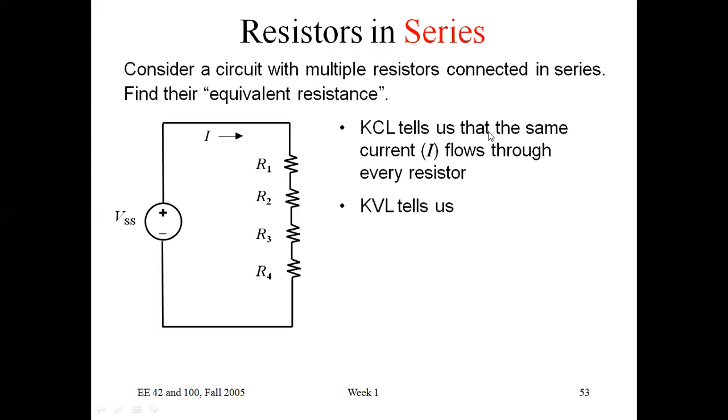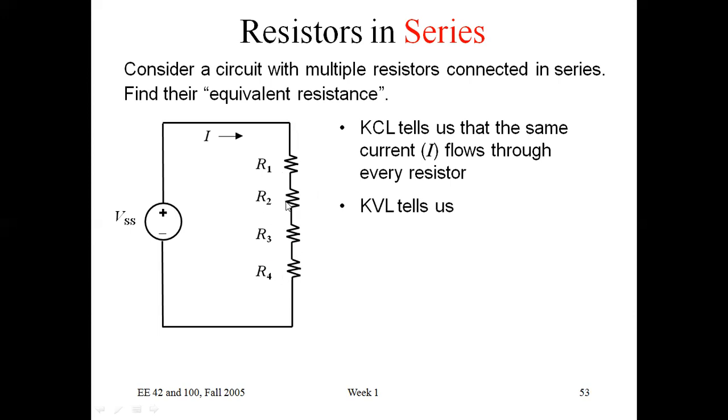So KCL tells us that the same current I flows through every resistor, but KVL tells us that the voltage drop across each resistor is different. In resistor R1 it is IR1, in R2 the voltage drop is IR2, in R3 it is IR3, and in R4 it is IR4.